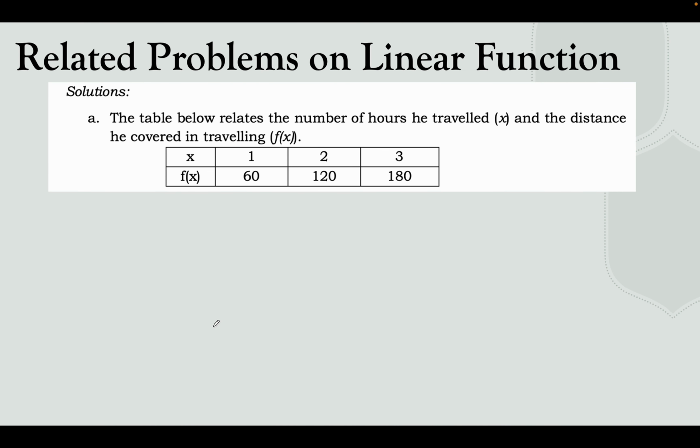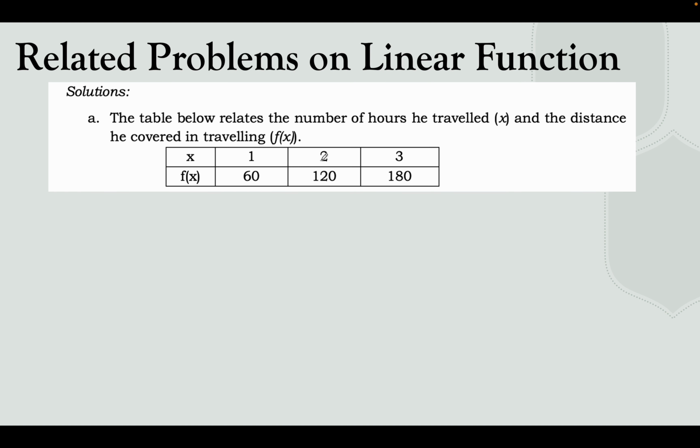First, in A, the table below relates the number of hours he traveled, x, and the distance he covered in traveling, f of x. Since we have here 60 kilometers per hour, as stated in the problem, that means in 1 hour he will be traveling 60 kilometers.